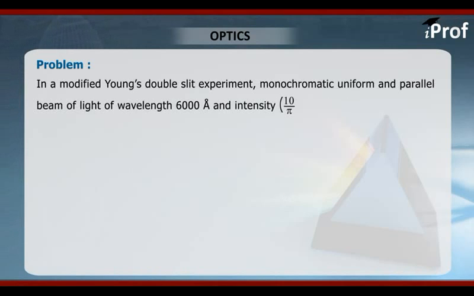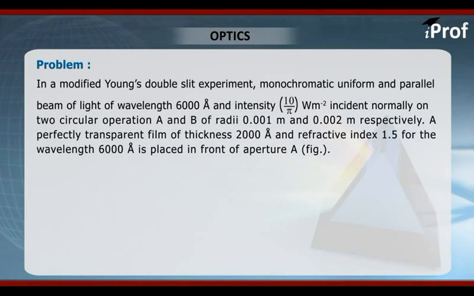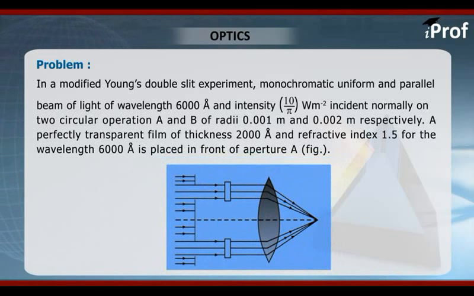The problem says, in a modified Young's double slit experiment, a monochromatic, uniform and parallel beam of light of wavelength 6000 angstrom and intensity 10 divided by pi watt per square meter is incident normally on two circular portions A and B of radii 0.001 meter and 0.002 meter respectively.